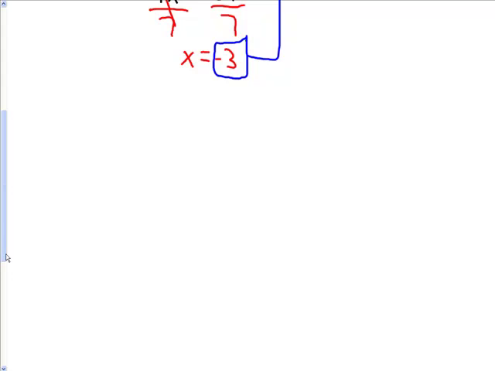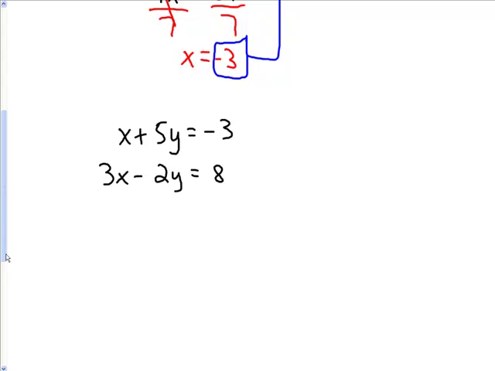Let's take a look at this example, this system of equations: x plus 5y equals negative 3, and 3x minus 2y equals 8. So in this one, we don't have an easy expression for either variable that we can use to substitute into the other equation.